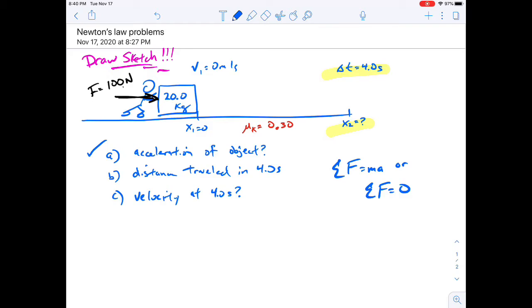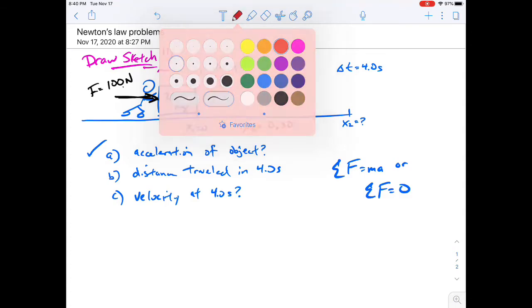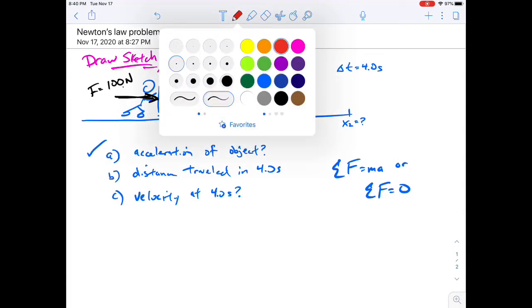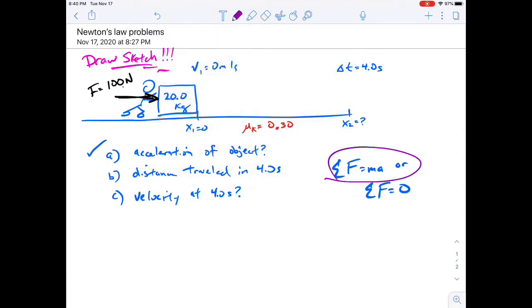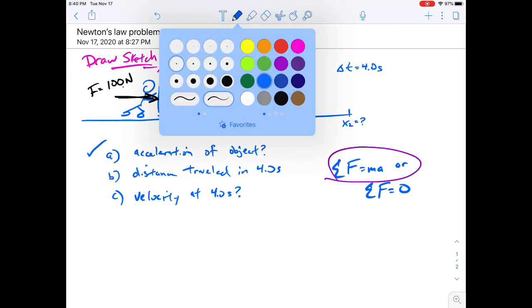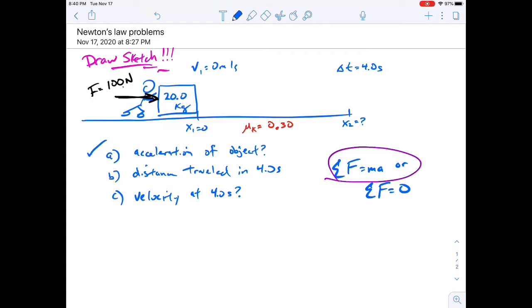So, we have to ask ourselves, is this accelerating or is this in equilibrium? And we can see, because of the way it's given, that it's definitely accelerating, because, heck, that's what we asked for. So let's hope that that's the case. Now, when we make that determination, we have to ask ourselves, which direction is it accelerating?